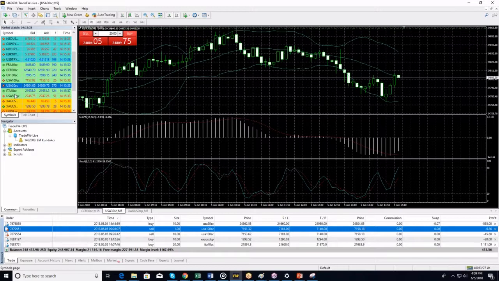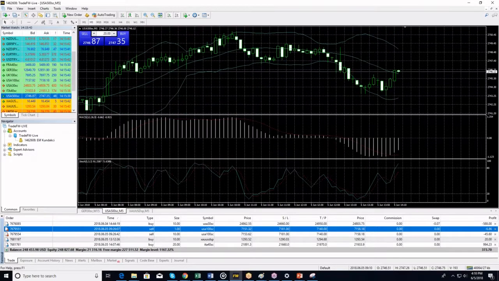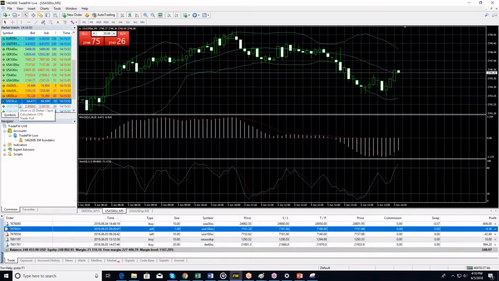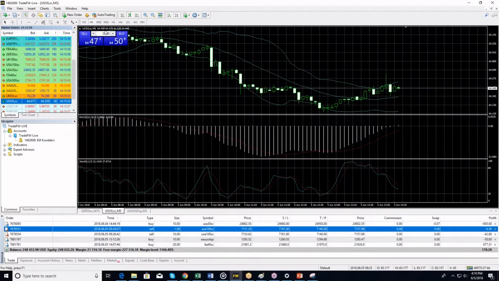Let's have a look at S&P. We didn't try S&P for a very long time. Here I don't see any nice entry point right now. So what is our oil doing today? Oil is very steady, as you can see. It's a steady market.